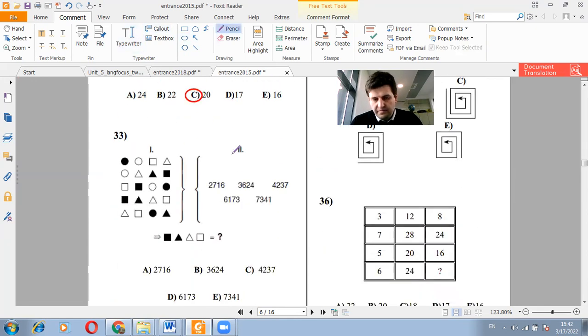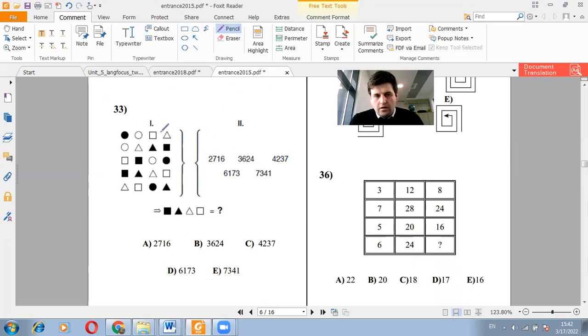Question 33. Each geometrical shape represents one digit, and we are looking for these numbers at the end. So these shapes are represented by what numbers? It's easier to start with the symbol or shape that repeats itself as many times as possible.